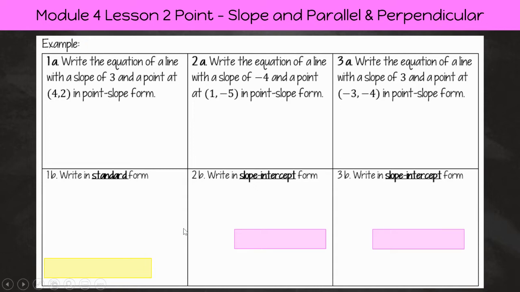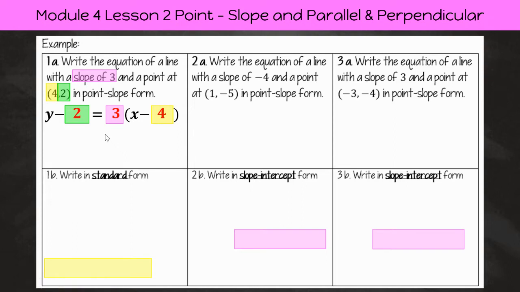All right, so let's go through some examples. We need to write the equation of a line with a slope of 3 and a point at (4, 2). So here is my point slope formula, y minus blank. We're going to plug in our values. And of course, yes, I had everything color coordinated.